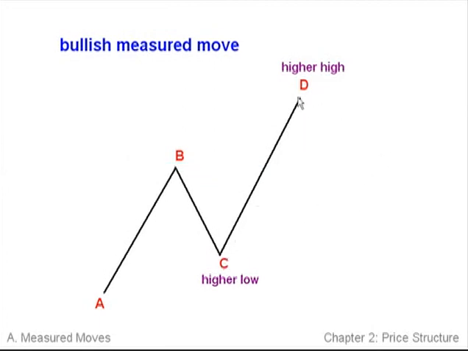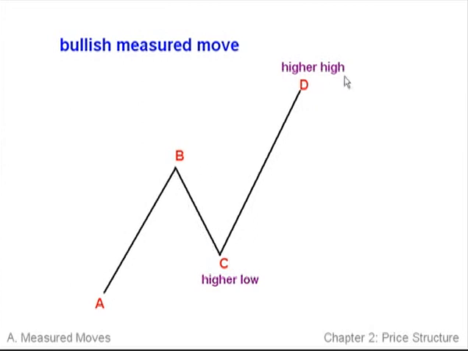So if price action were to move up from C, the moment it goes above B right around here, yes, indeed, we will have a higher high with already a higher low. That confirms a bullish measured move right around here.